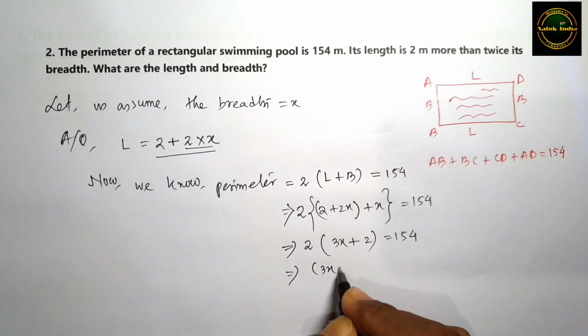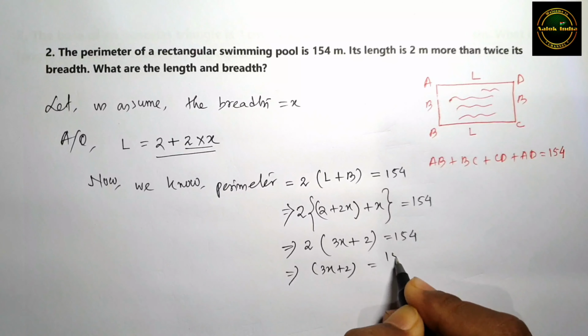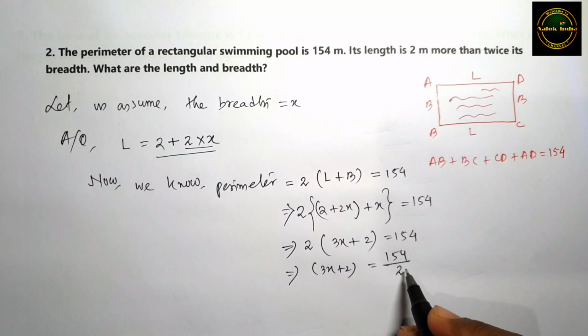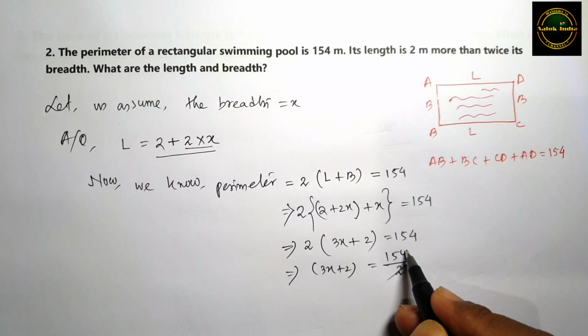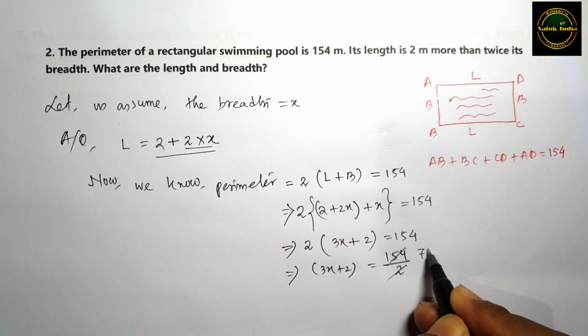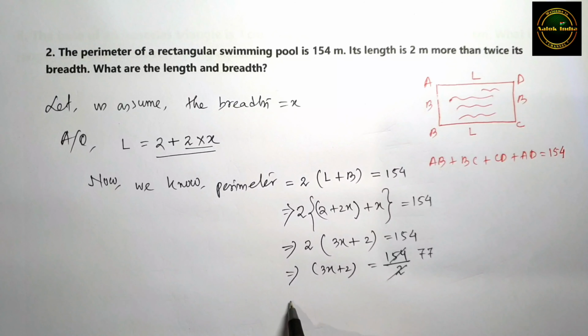So if we put 3x plus 2 equal to 154, this 2 will come as a divide. Now if we cancel 154 by 2, we get 77. So ultimately 3x plus 2 is equal to 77.